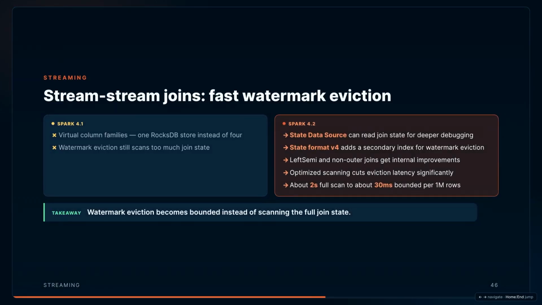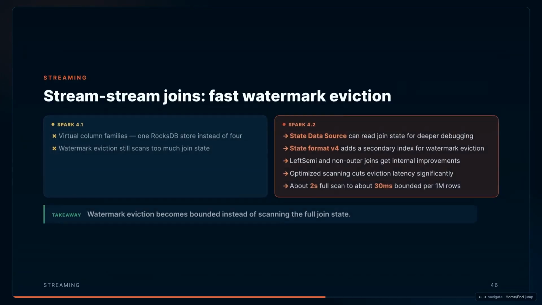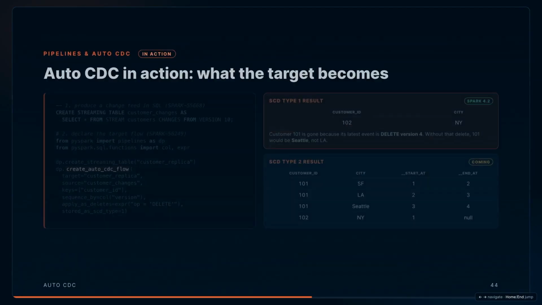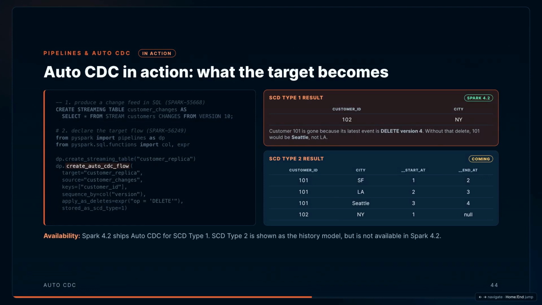So SCD type 1 only keeps the final result. And we are working on open sourcing type 2 to the open source community. The PR is ready actually, but we haven't been able to merge it into Spark 4.2 in time. So this will be part of Spark 4.3. So we will be able to keep the entire history of the CDC.